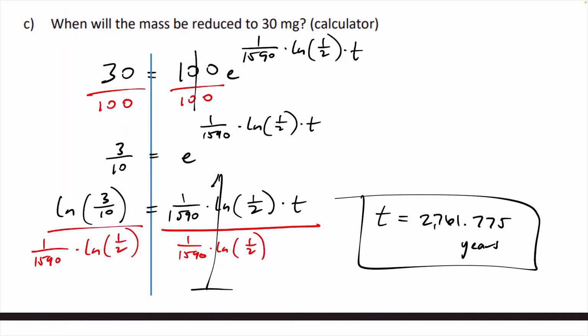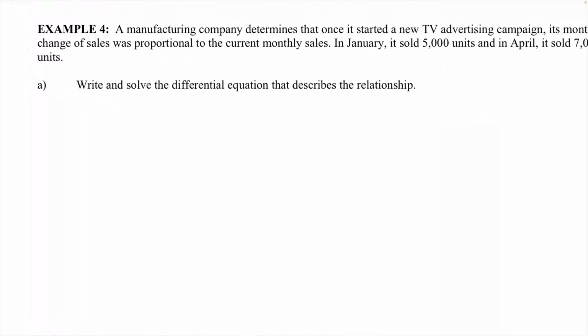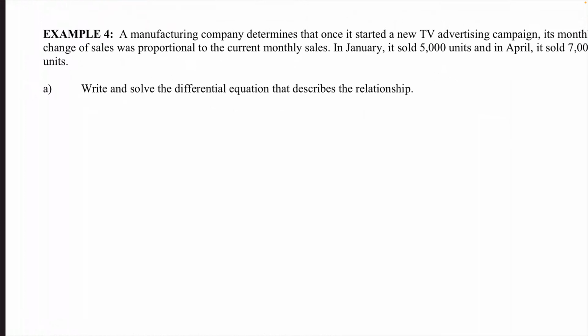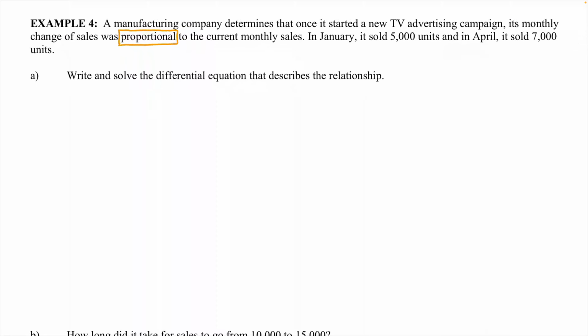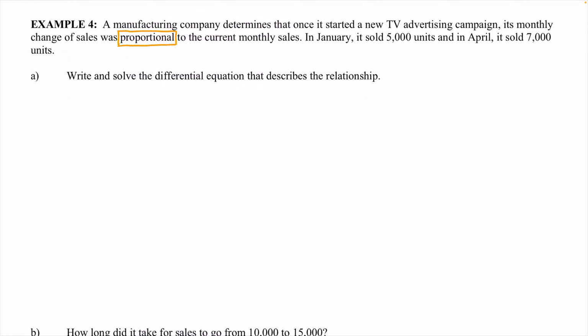It's about a manufacturing company that determines... unit under capital U. You see it doesn't say directly proportional, but it says proportional. That's your key that we're going to use exponential growth and decay.